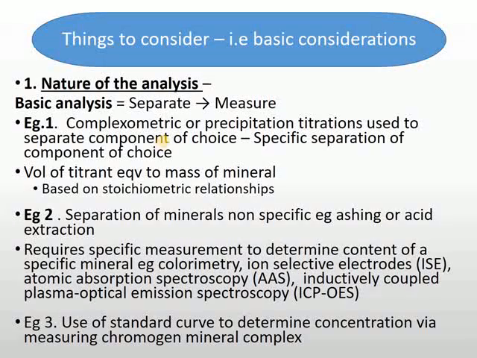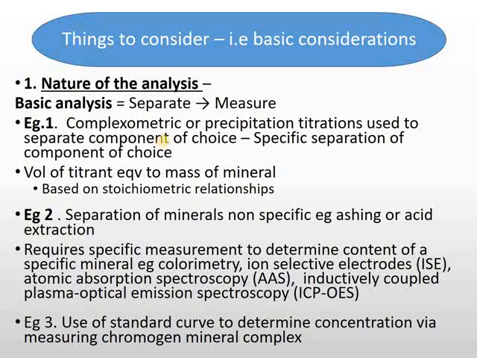Okay, so what will be those basic analyses? You separate and then you measure. So the first example, for you to be able to separate the analyte or the mineral that you're looking for, we have what we call complexing, or precipitation titrations. What is done? It's used to separate the components that you're looking for by precipitating it out of the big matrix.